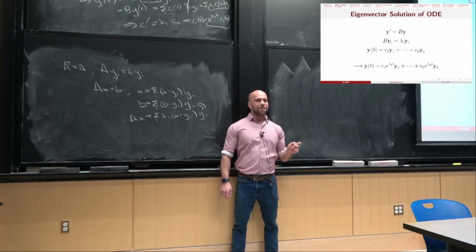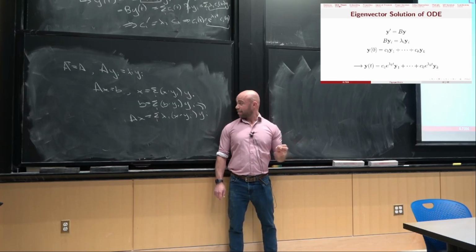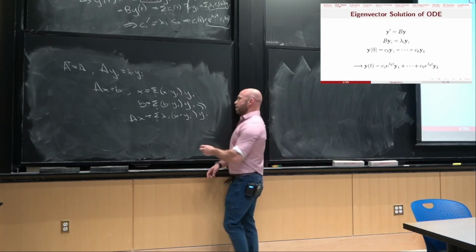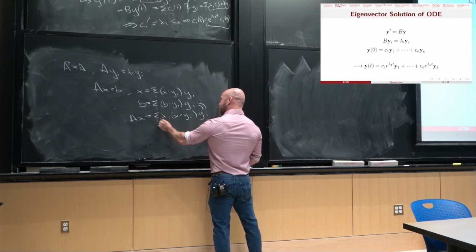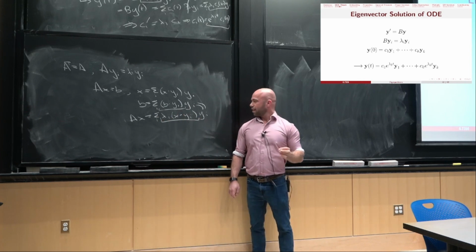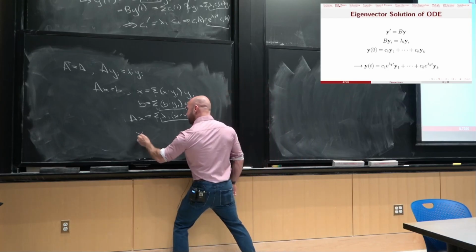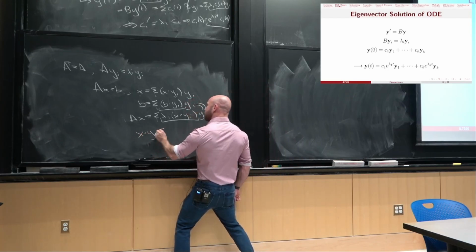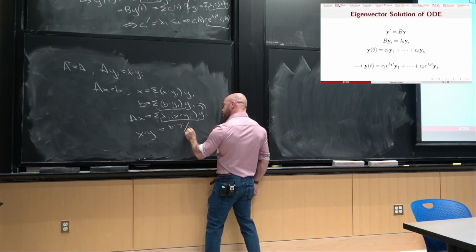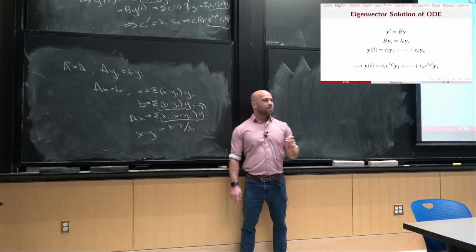Does that make sense? I essentially have two things that I've matched together, and I conclude that x dot Yi is equal to B dot Yi divided by lambda i. Does that make sense?